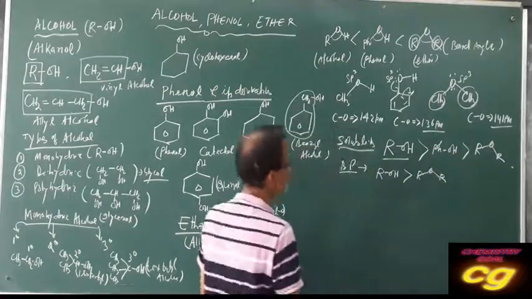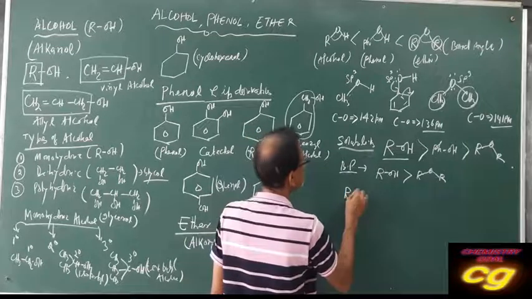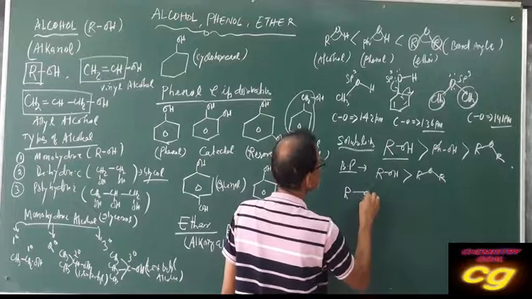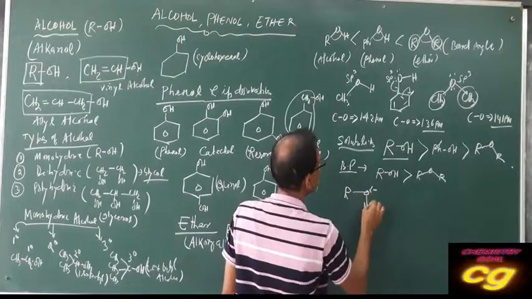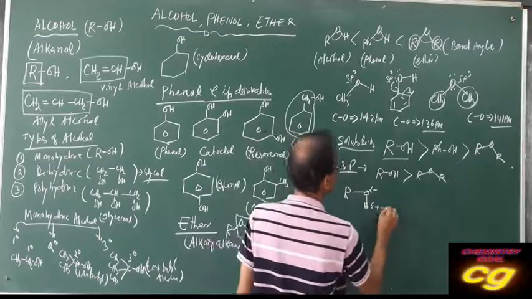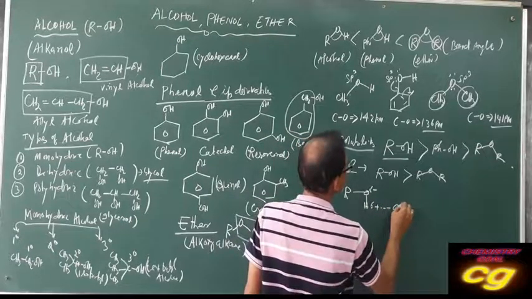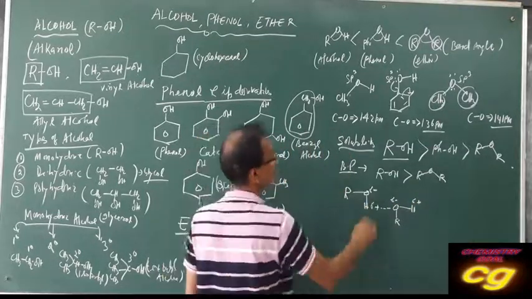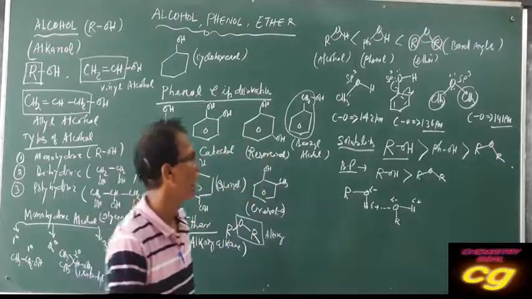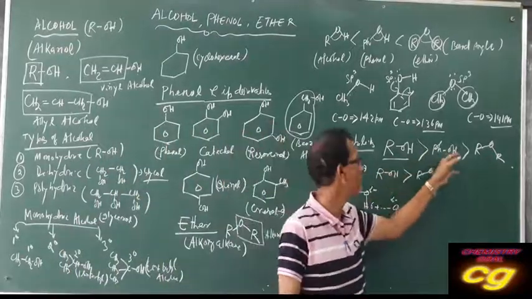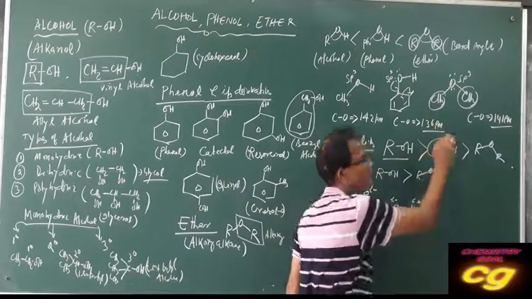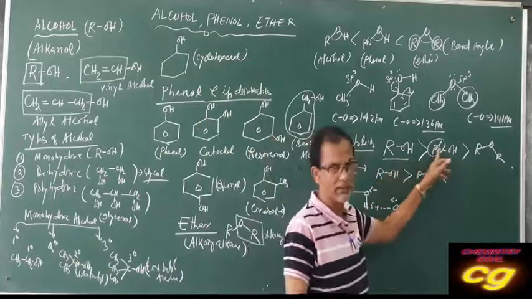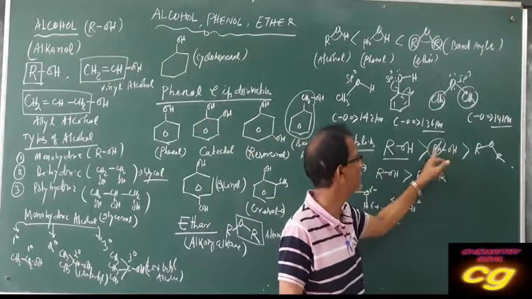So here, if you see the structure of hydrogen bonding of alcohol, partially negative, partially positive, it will attract the what? Partial negative, partial positive, like this. So it is the hydrogen bonding between alcohols. And phenol also has hydrogen bonding, but due to this phenyl group, which is an aromatic group, this part is hydrophilic but this part is hydrophobic.